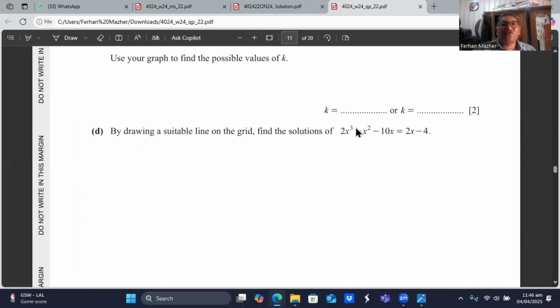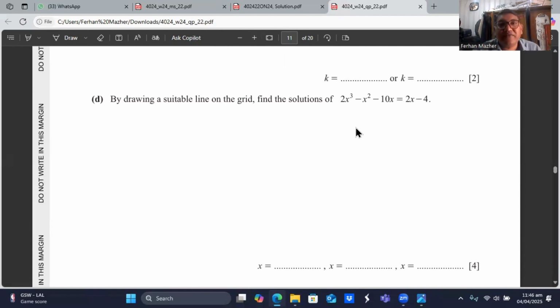Then he says, by drawing a suitable line on the grid, find the solution of this equation. So this equation, and we have to do it from our graph. So first of all, I will try to make on the left side the equation whose main graph is drawn there. So this is 2x cubed minus x squared minus 10x.